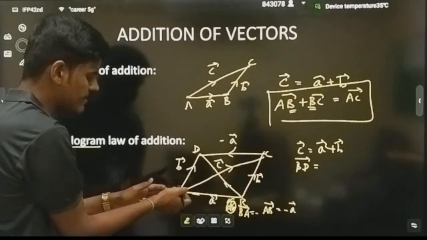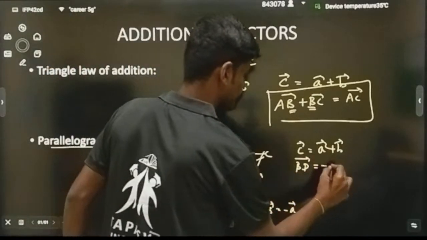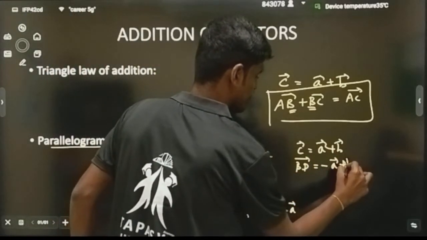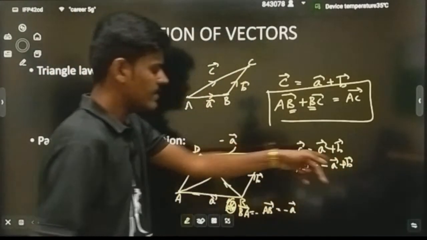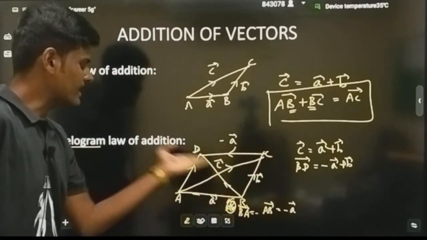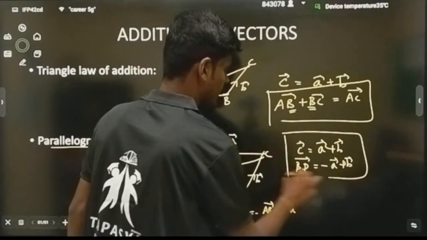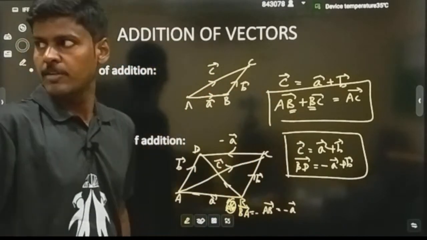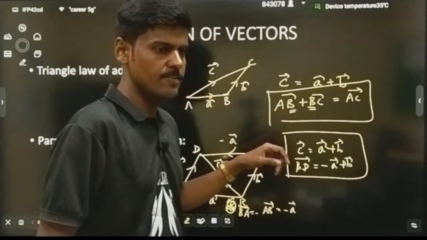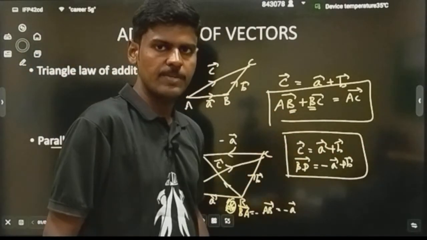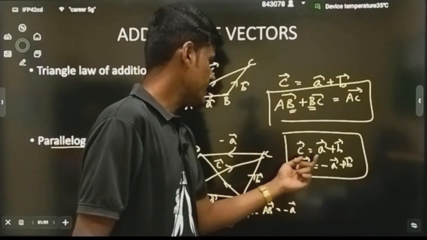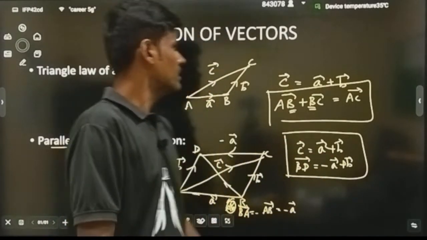It is minus A vector plus B vector, or B vector minus A vector, which is the other diagonal. Correct. So this is parallelogram law of addition. One diagonal is given by A vector plus B vector, another diagonal is given by B vector minus A vector.